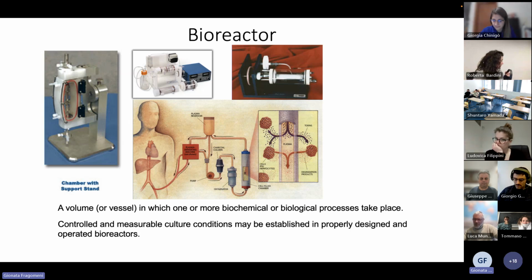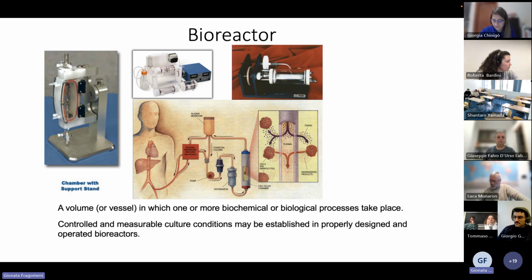We can define a bioreactor as a device that provides the transport system of the nutrients to the cells, and allows the removal of toxic products of the cellular metabolism.